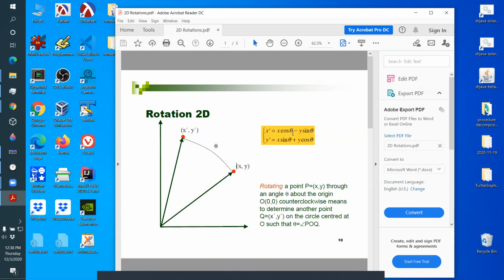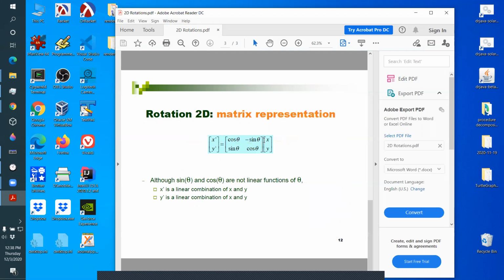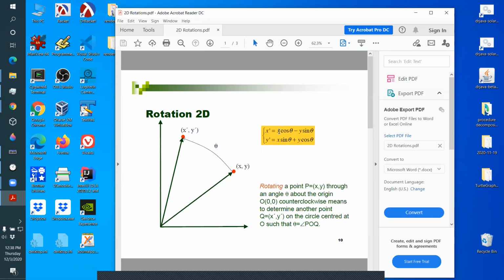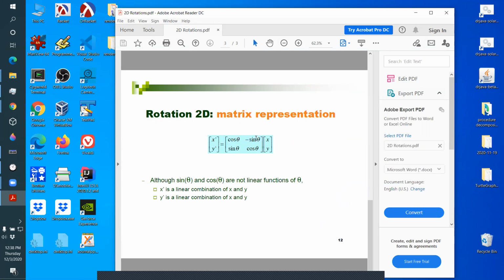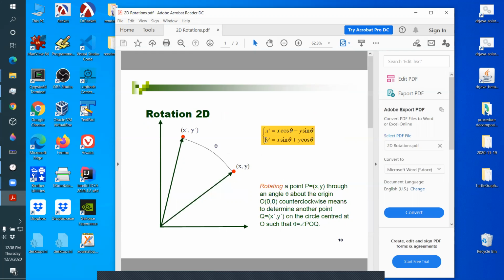If you look at those formulas, that's the matrix. If you do the matrix multiplication, you get cosine theta times x, negative sine theta times y. That formula is the x' in this multiplication, and if you compute y' in this multiplication, you get this one here. This is the idea of how we derive that formula.